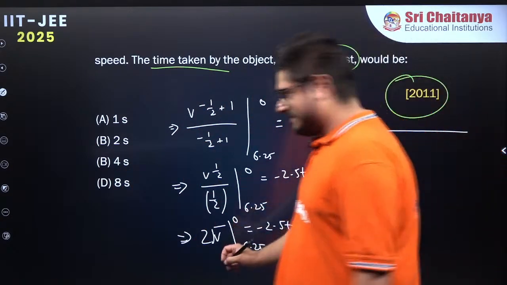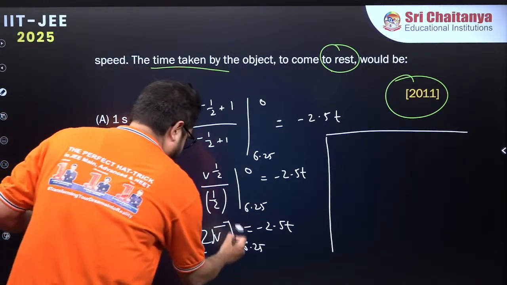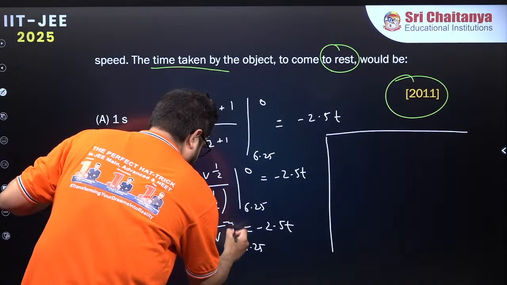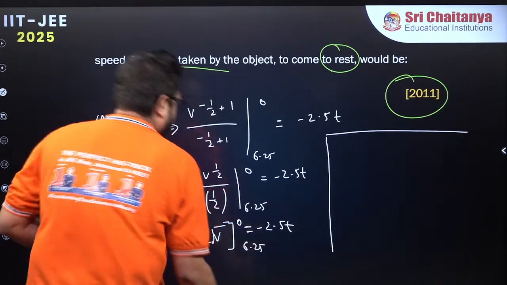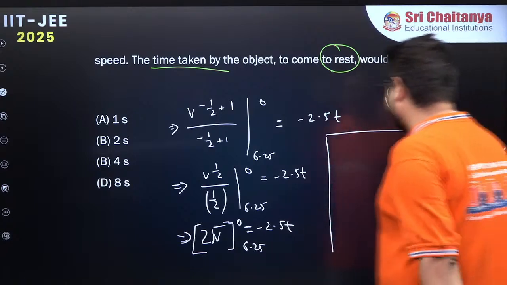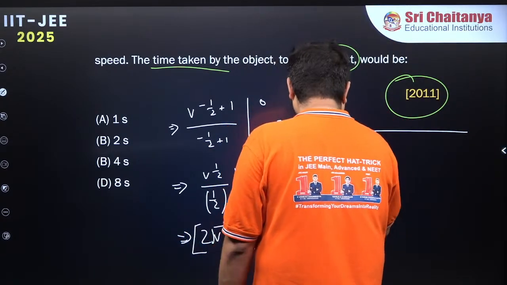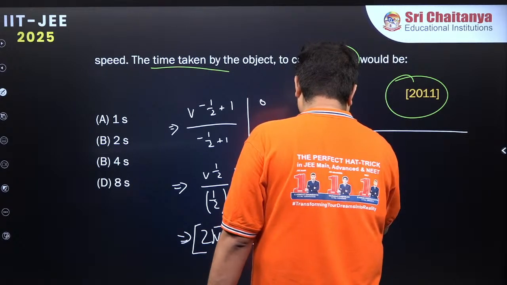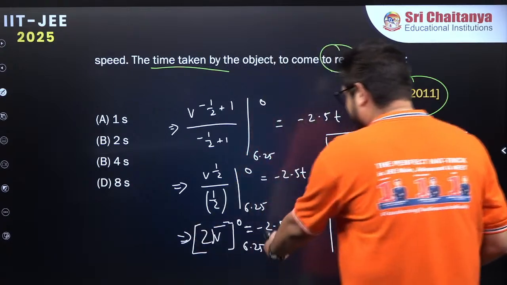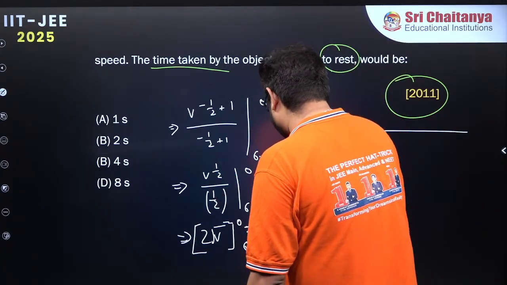Putting the limits. I'm just trying to put the limits, everyone. 2 root v, 6.25 is the lower limit of the velocity and 0 is the upper limit of the velocity. So what I will be getting? Let's try to put this. This becomes root v, limits 6.25 to 0. This 2 can be brought to this RHS.